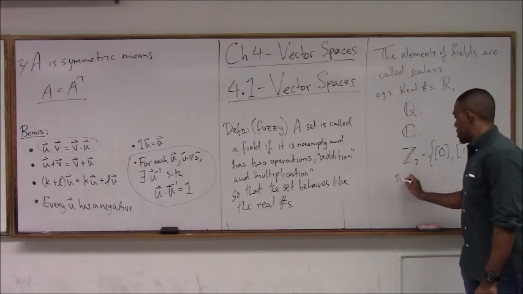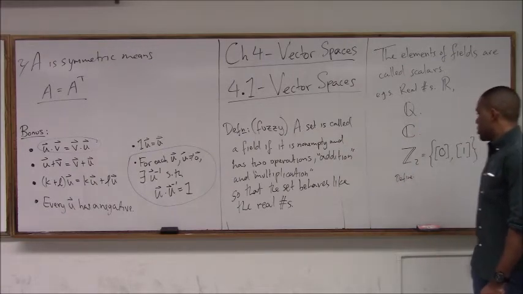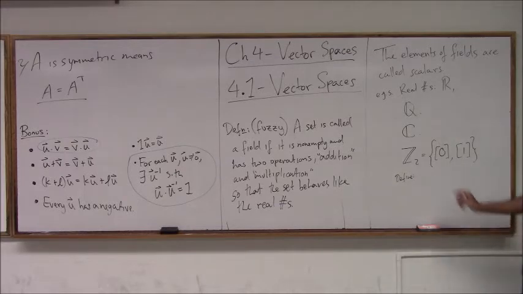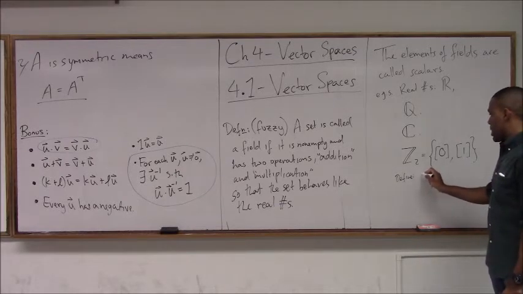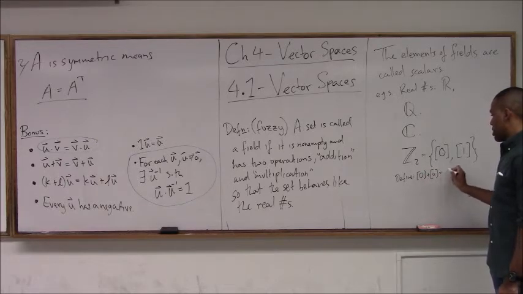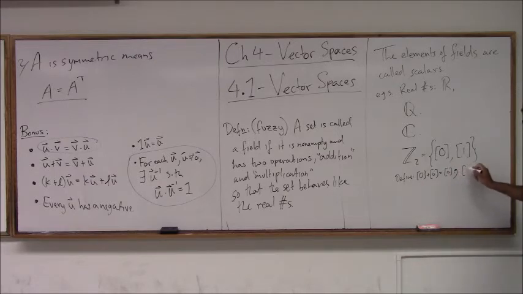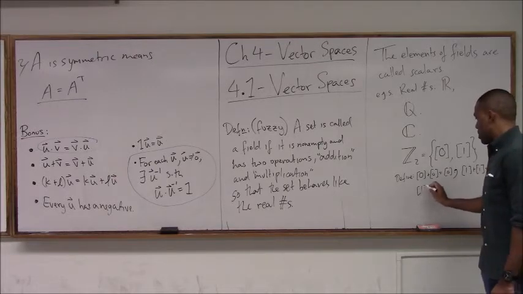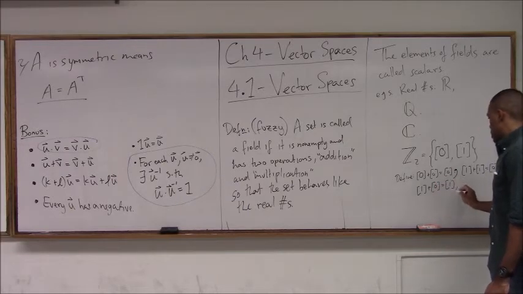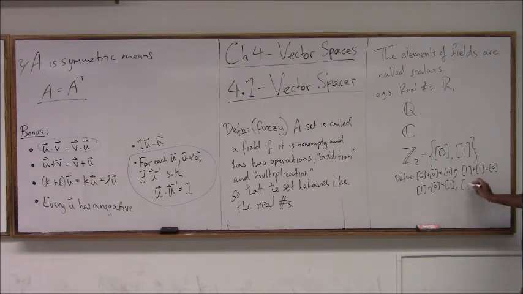And we can define addition on this set. So I can say something like 0 plus 0 is 0, I can define 1 plus 1 is 0. I can define 1 plus 0 is 1. And of course addition is commutative here.